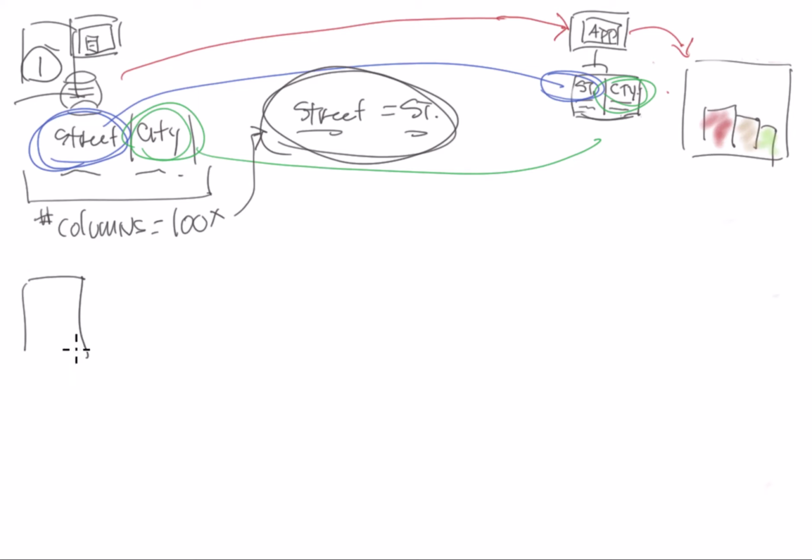Now, let's say maybe we have 50 data sources total. And remember, these are all maybe different applications that have different sets of data now, right? And they all may have columns that equal 100 as well.